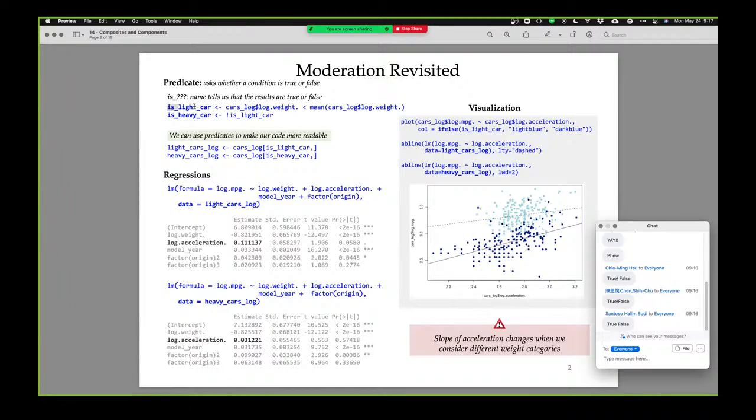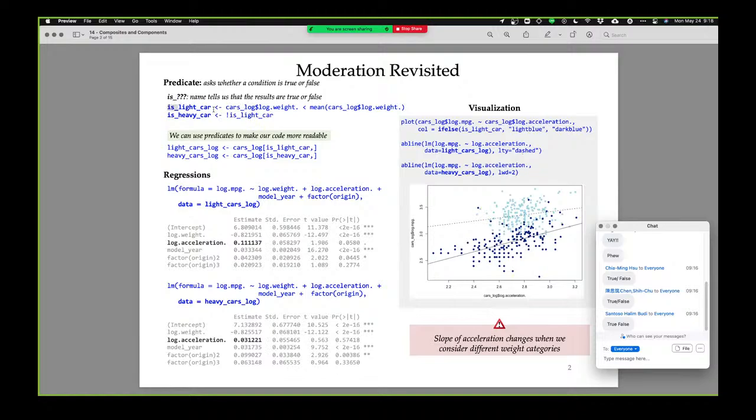If I just called this variable light_car, it would be a little bit hard to know whether this variable is holding information about cars. Is it actually the data set of light cars? No, it's not. It's actually just trues and falses about whether the cars are light or not. So since it's asking true or false questions, I'm writing it as a question: is it a light car?